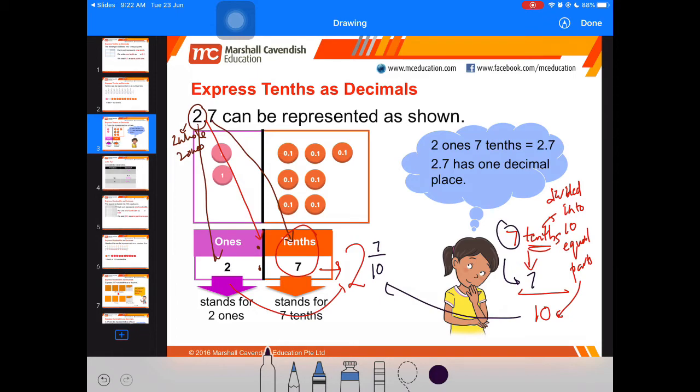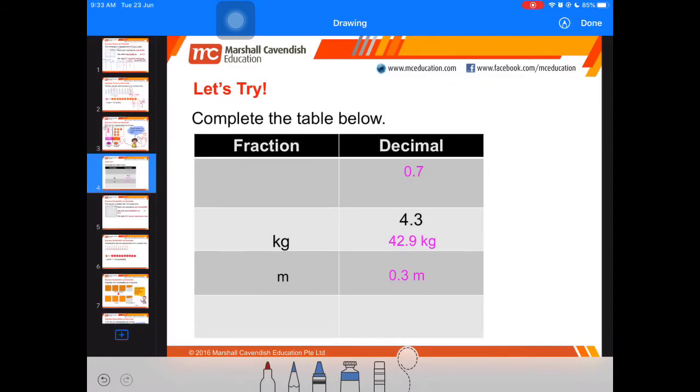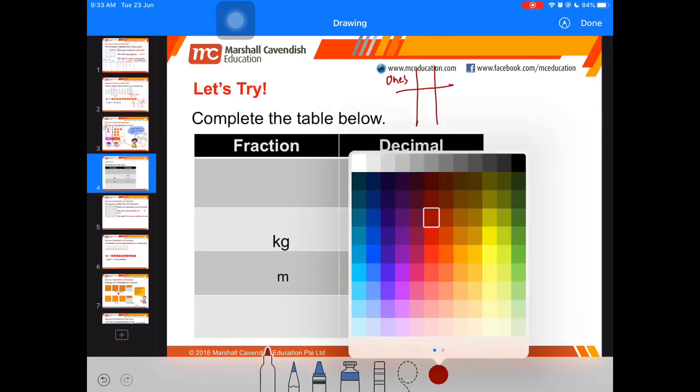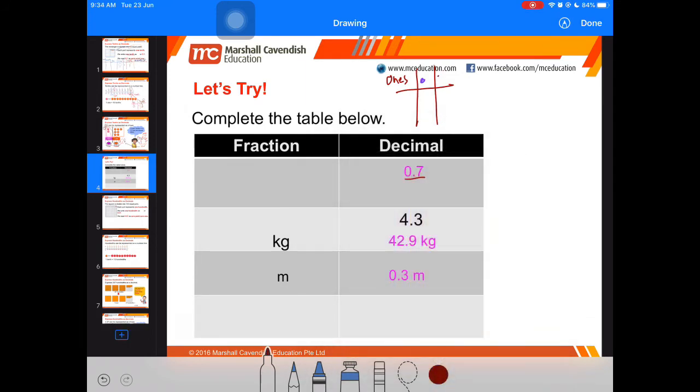So let's go through some exercises now. Okay, let's start with 0.7. Draw the place value. I have ones, followed by the decimal point. Don't forget about the decimal point. The next one should be tenth.